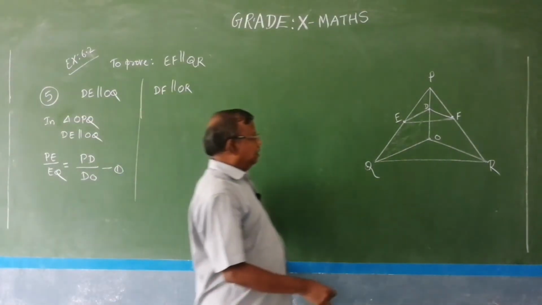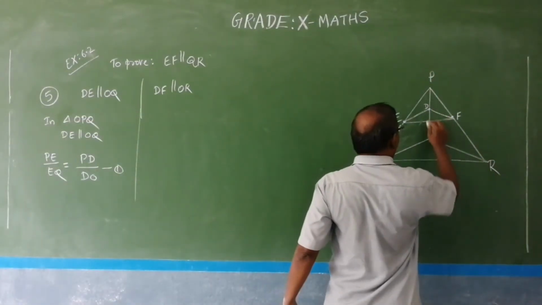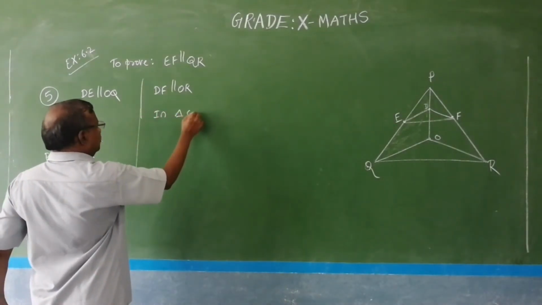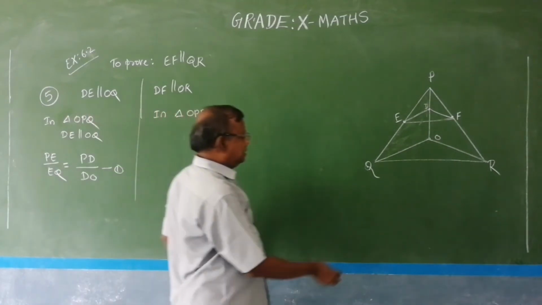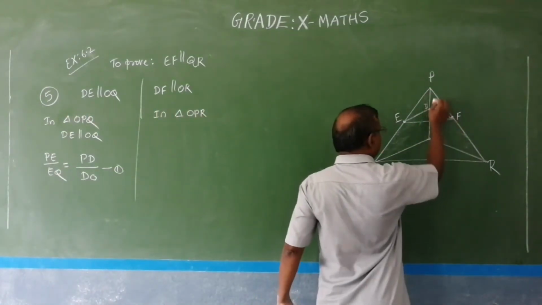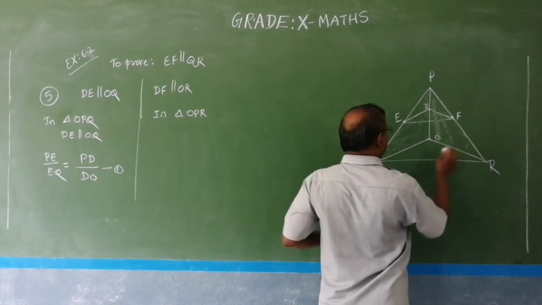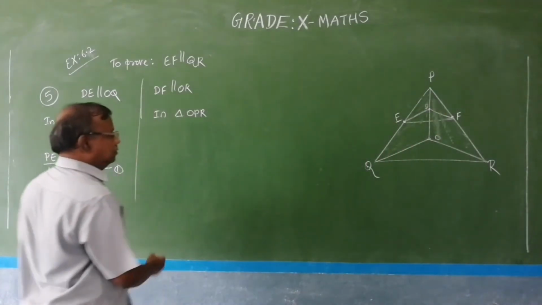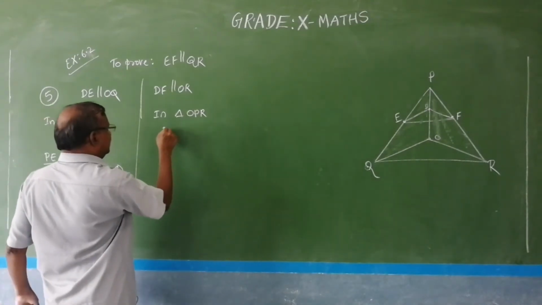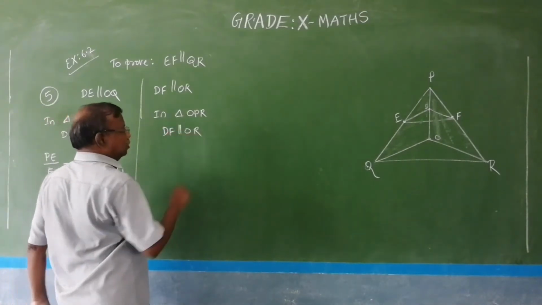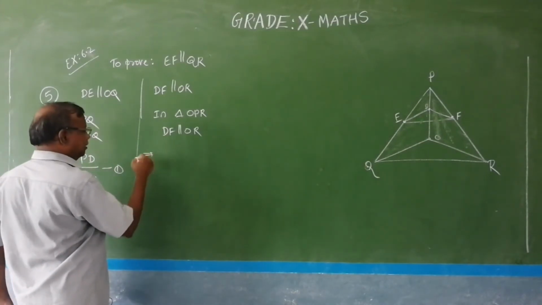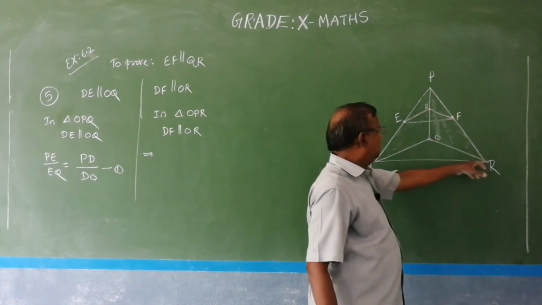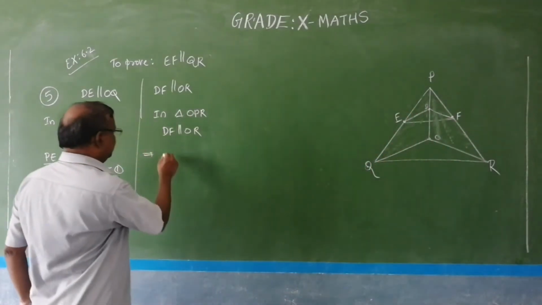And again, consider this triangle OPR. DF parallel to OR. We are given DF parallel to OR. So by BPT, we have PD divided by DO equal to PF divided by FR.